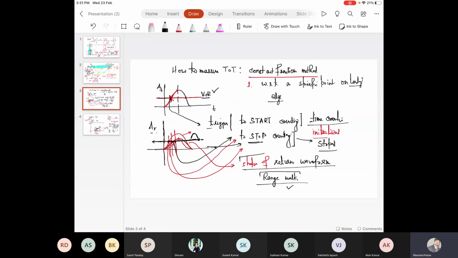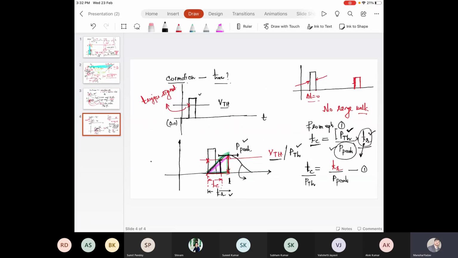You can start from the constant fraction method. Then the range walk limitation that we have, how it can be eliminated using this concept: the correction TC has to be applied, and TC is computed in terms of the selected threshold power PTH, the peak power in the return signal, as well as the time TR at which that peak power is obtained.